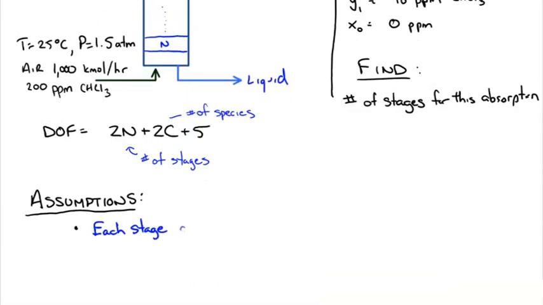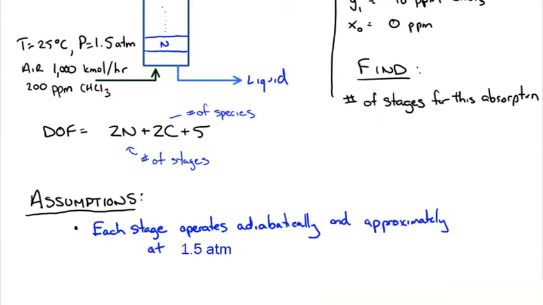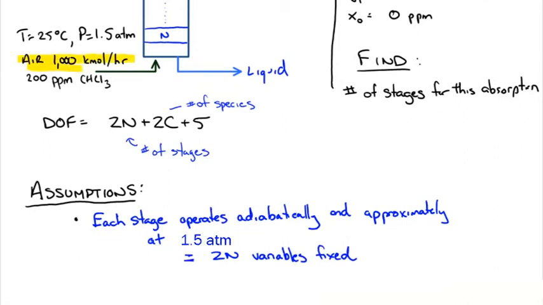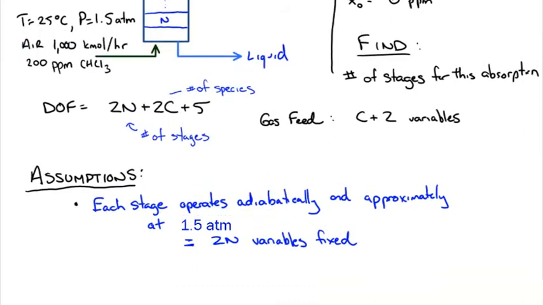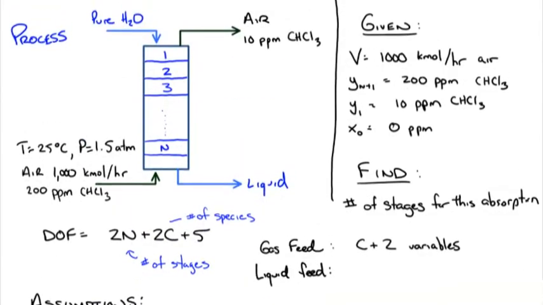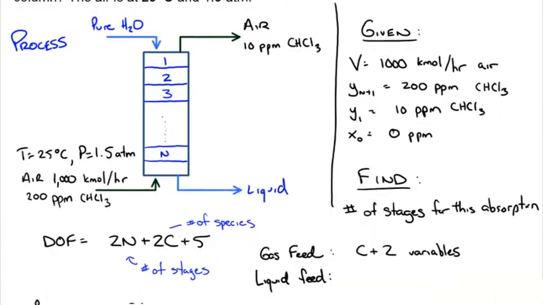If we say that each stage operates adiabatically and there's no pressure drop along the column, then we'll fix a number of variables equivalent to the number of stages times 2. Looking at our incoming gas stream, it's completely specified: temperature, pressure, composition, and flow rate, therefore taking C plus 2 variables up. Now for our liquid feed, we are told that it's pure water, but that is about it.